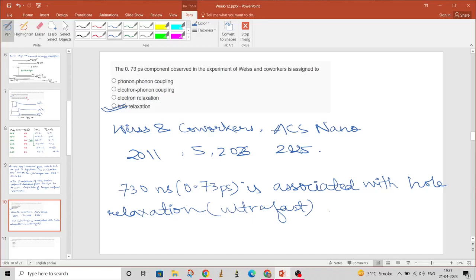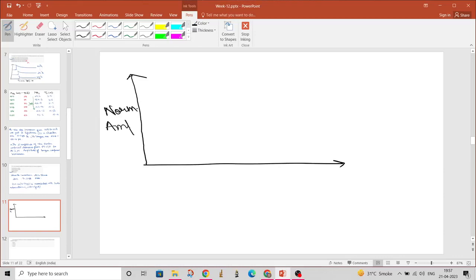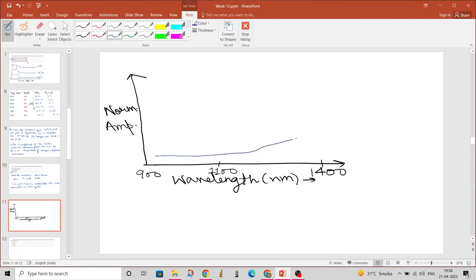The plot was like this. When they fitted, they found that the C1 component was 0 and then it increased for the longer wavelength range, that is lower energy.